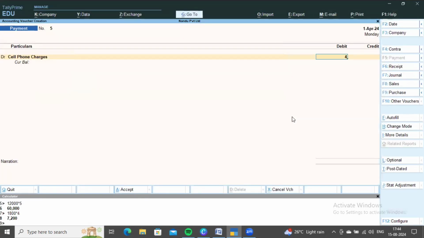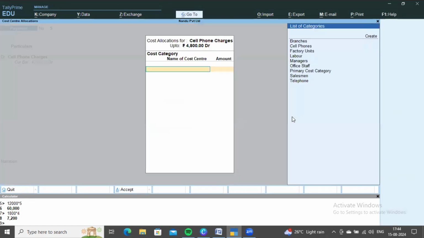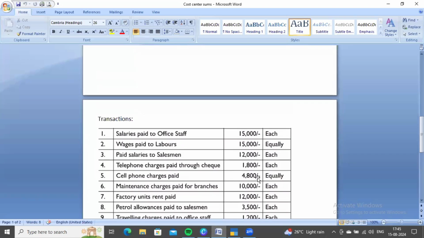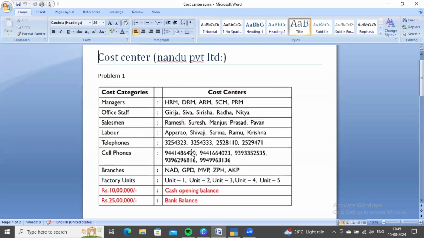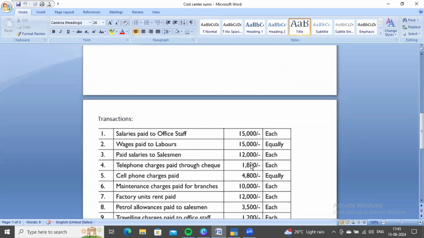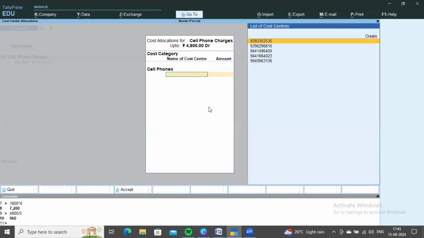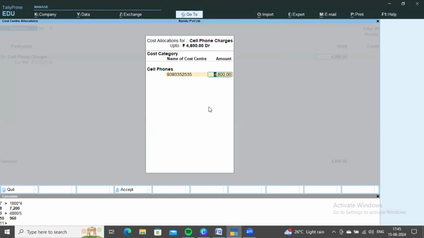So give 4,800 here, and select the cell phone category. How many cost centers are there under the cell phone category? 5. First go to the calculator: 4,800 divided by 5. How much? Each is assigned 960. Enter each one and give 960 rupees.